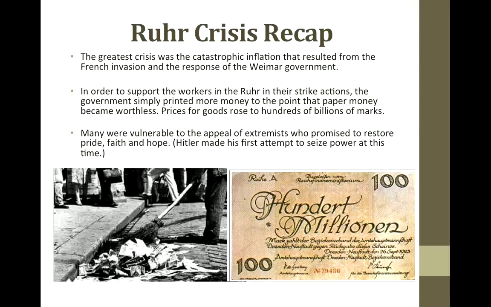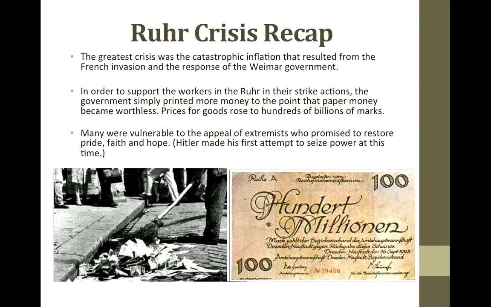Many were vulnerable, people were poor, they were hungry, and there weren't a lot of ways to stabilize the economy, so to speak. And this was going to appeal to a lot of people, the fact that Hitler was speaking of a communist takeover of the government, and he did have a failed attempt at this time to seize power.